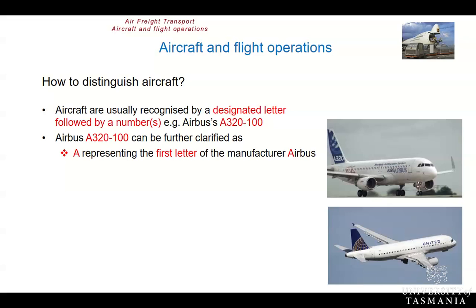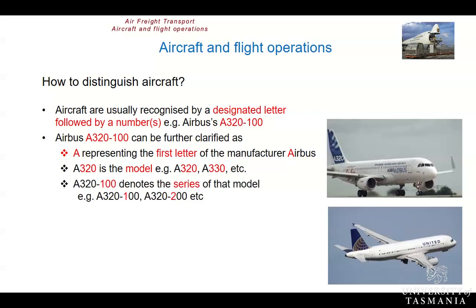So anything with an A is going to be Airbus, in the same way that anything with a B is going to be Boeing. Now, the 320 is the actual model of the aircraft, and that could be an A320, an A330, A340, etc., A380.